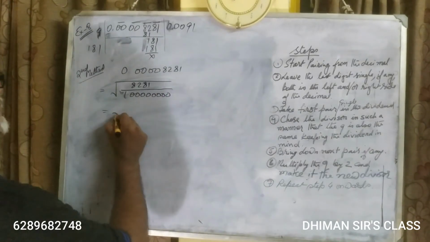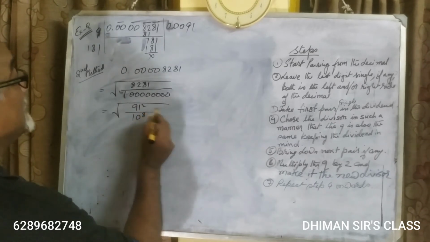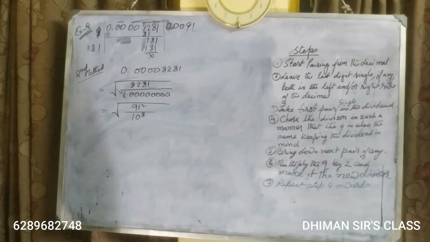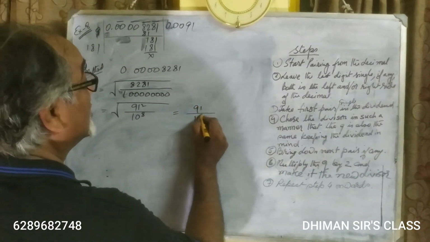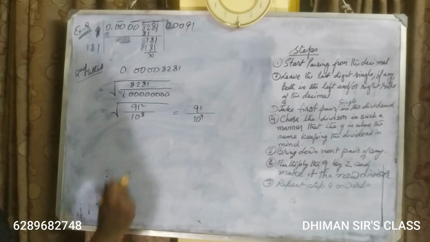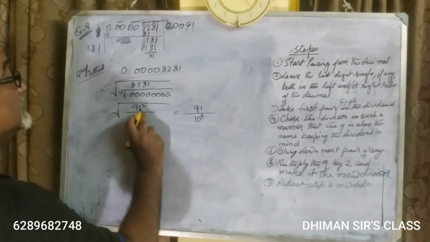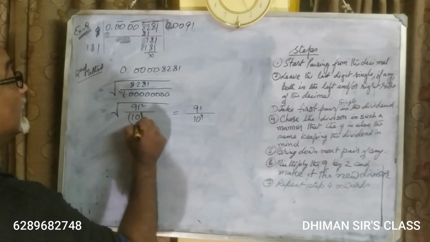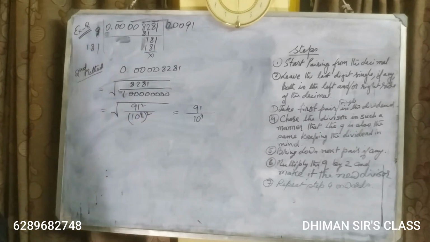So is equal to 91 square by 10 to the power 8. Okay. So is equal to 91 by 10 to the power 4, into the sum. If it is 10 to the power 4 square, it becomes 10 to the power 8. So 4 2s are 8. 8 zeros.